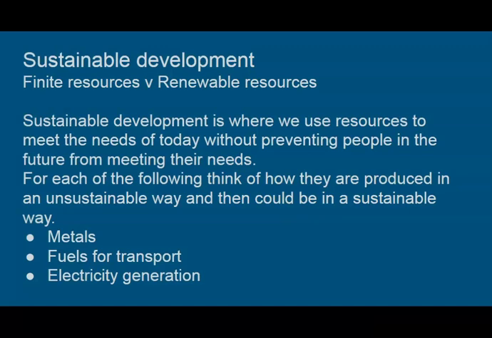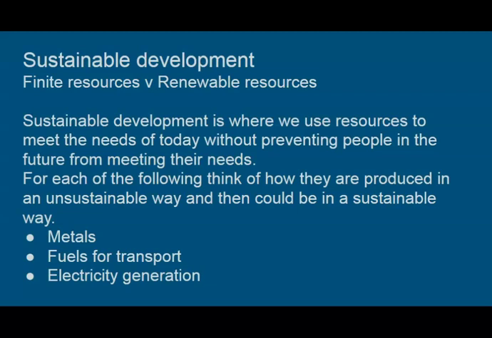So if we continue to use things in the way we use them at the moment, then that is an unsustainable way. To make things more sustainable, such as metals, we can recycle them. We can produce metals from recycled metal rather than from metal ores. Fuels for transport, instead of producing them from fossil fuels, we could look at electric cars, hybrid cars, cars relying on biofuels.